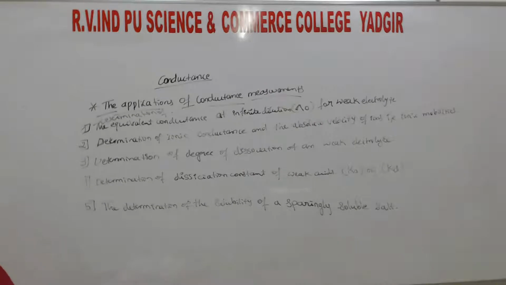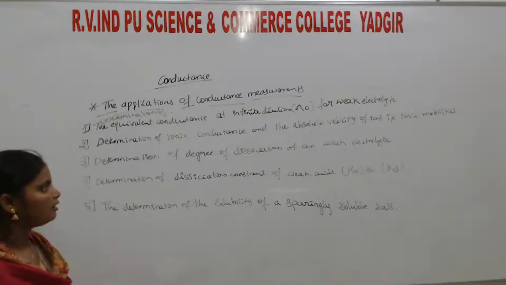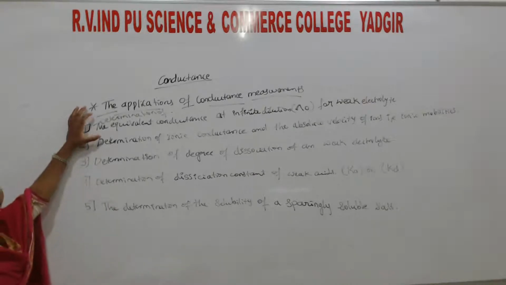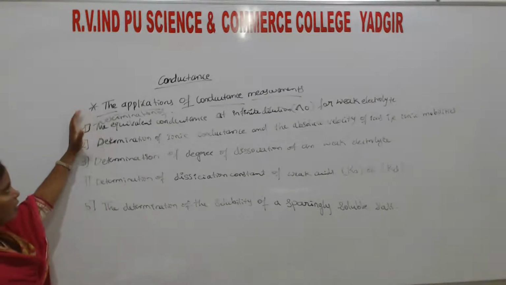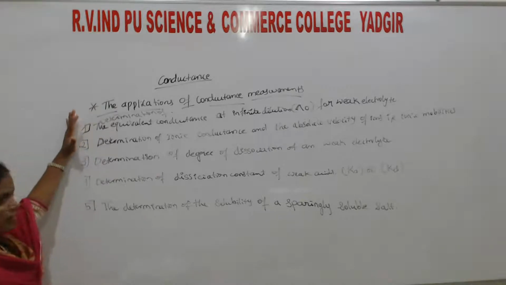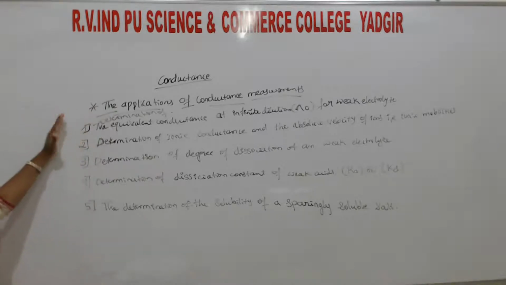You take any weak electrolyte. Here the acetic acid is a weak acid, and the weak base is ammonium hydroxide.